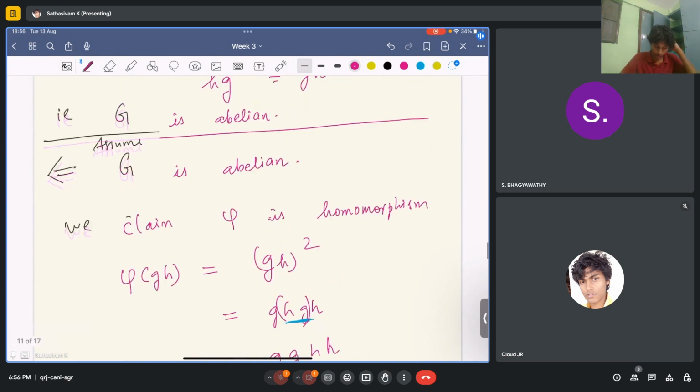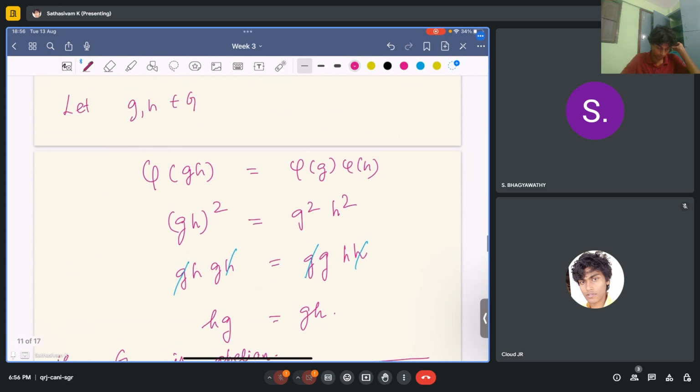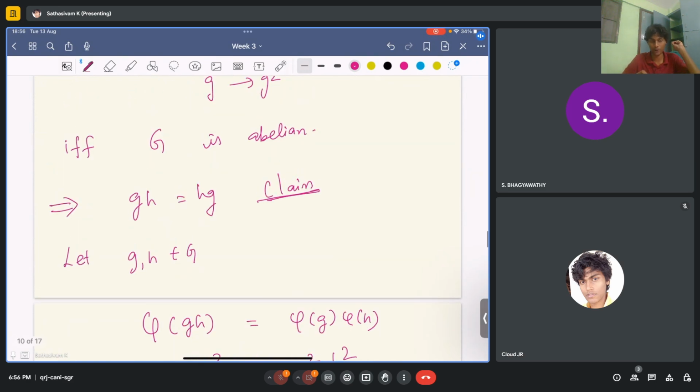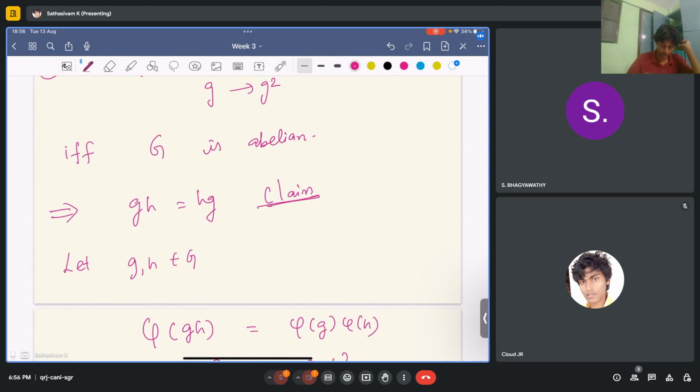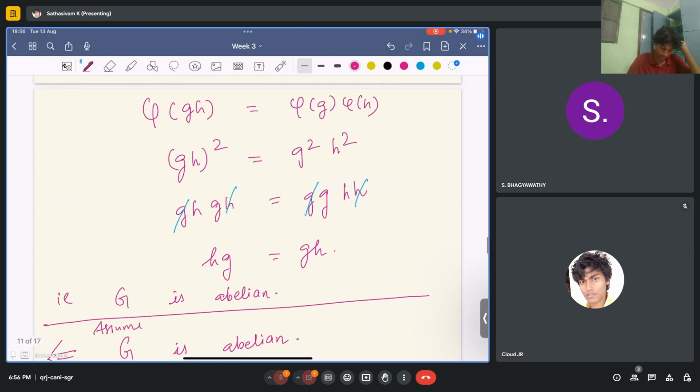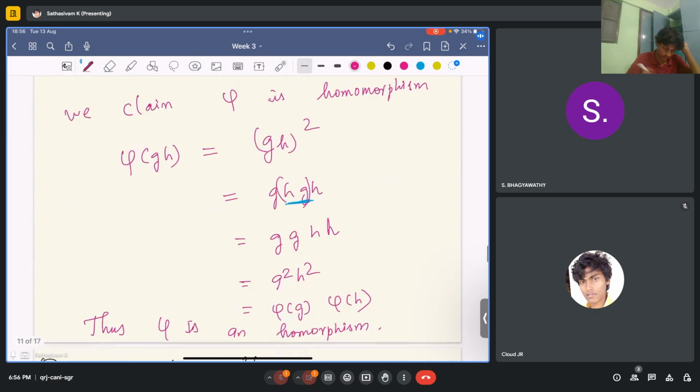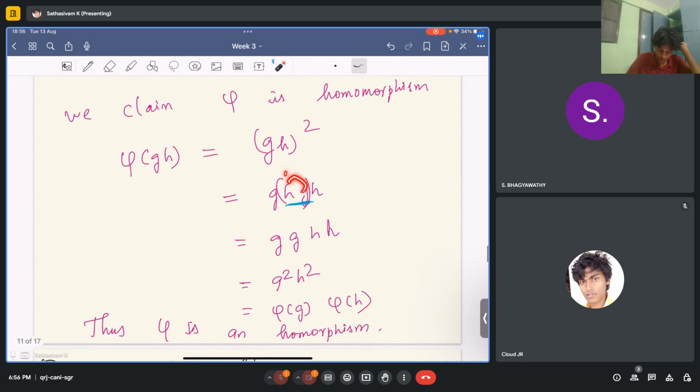Anyway, we proved it here, but probably in the proof we might have lost the intuition of what is actually happening. If you look here, this guy is nothing but this one, gh the square. So this is ghgh. But in general, you cannot commute it. If you have two elements, in general you cannot commute them.